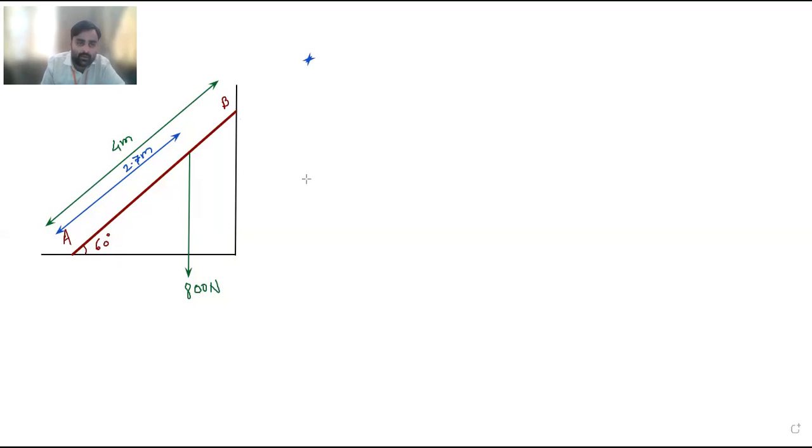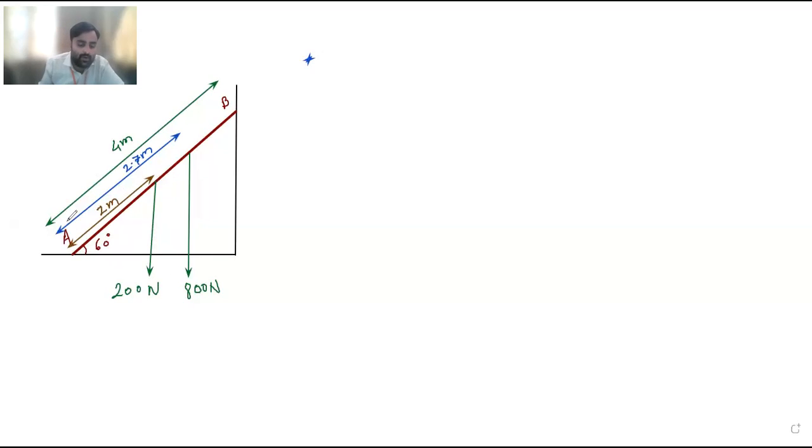The self weight will act from the center. So this distance will be, if total is 4, then it is 2. Always remember that self weight is always acting through the CG, so from the CG we should show the self weight.